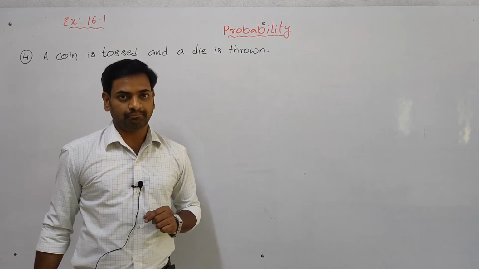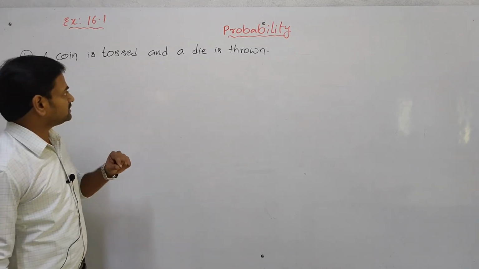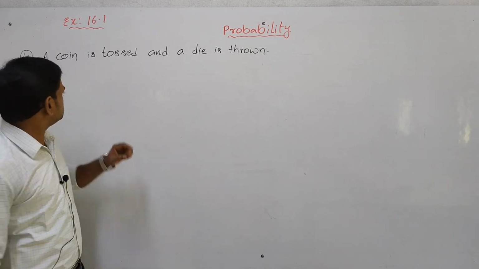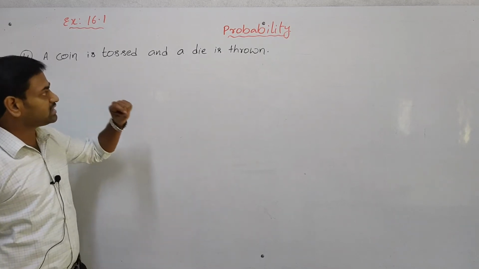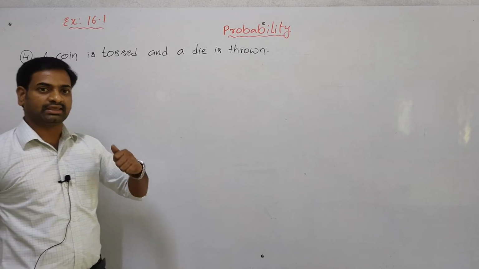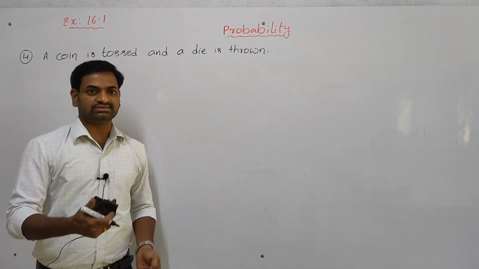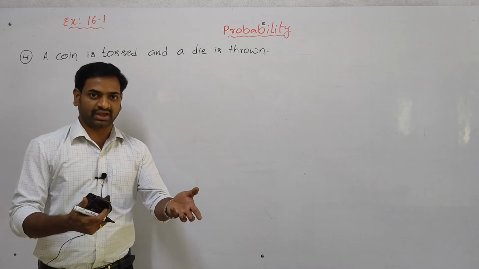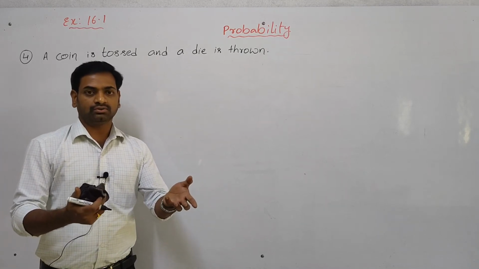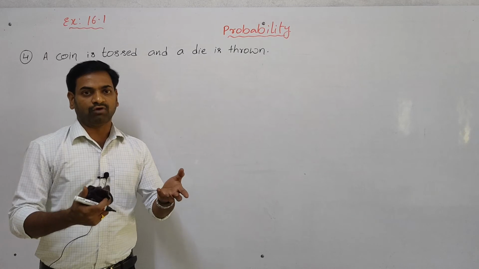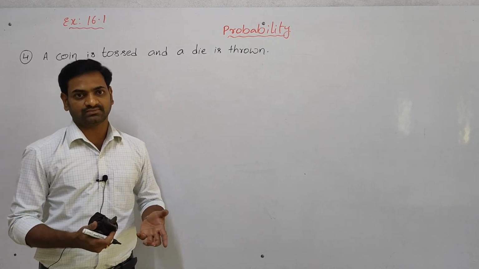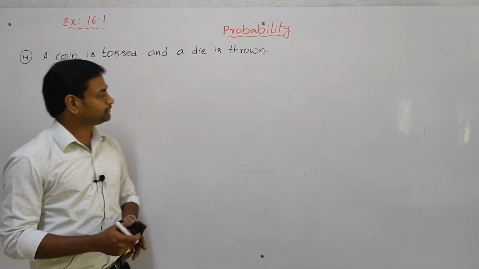Now see here, the random experiment is that he is tossing a coin and throwing a die at a time. In this hand he is tossing, in this hand he is throwing a die. Now in this case, what are the outcomes that we have to find?